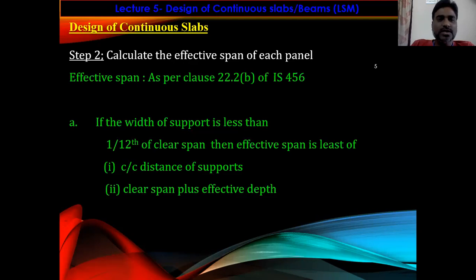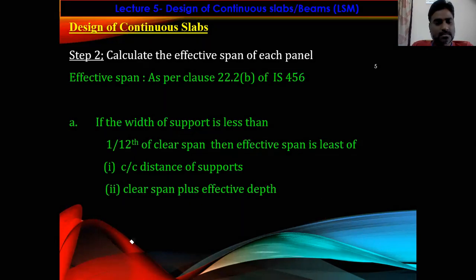And after determining the dimensions of the slab, you need to determine the effective span. Here it is a continuous slab, so a number of panels are there, right? Suppose it is a slab, there are different numbers of panels.